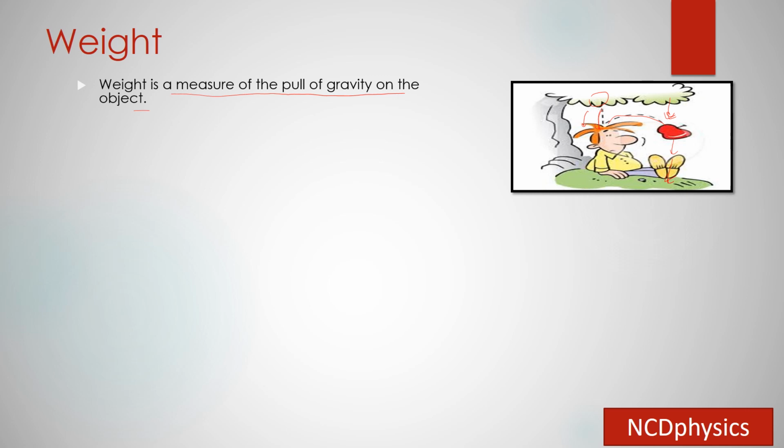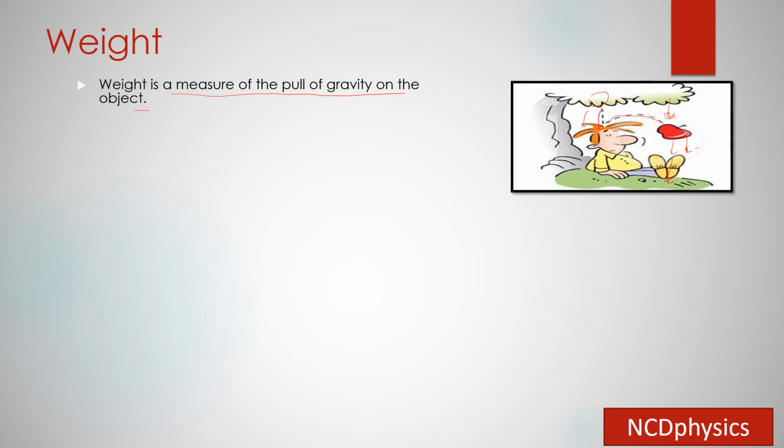So why is the object moving in the downward direction? Because this apple is attracted by the earth. It is pulled towards the earth. So this pull is called what? Gravity. So the pull of gravity on the object is called weight.